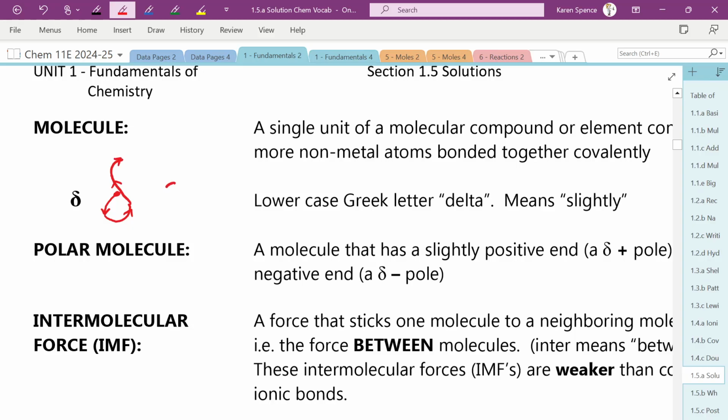So what it looks like is like that. So it's like a lowercase d, but a little bit fancy at the top.